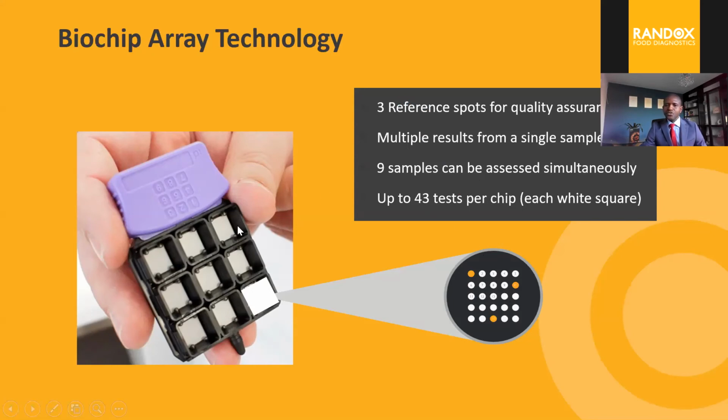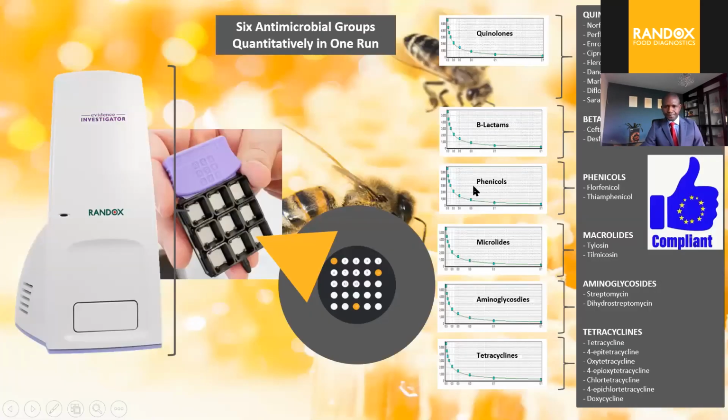And you can run 9 samples on this biochip carrier. So you can see there are 9 biochips, and you can run 9 samples. The number of tests you can run here can go up to 43 tests, 43 analytes really.